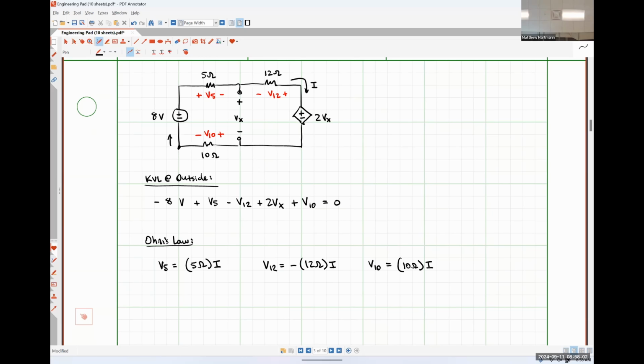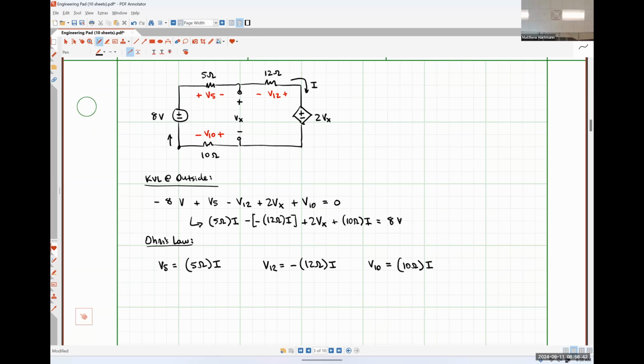And so now we can substitute all those things in, right? So let's do that here below. Okay. So we would have V5, which is just 5 ohms times I, minus V12. So we're going to have minus -12 ohms times I, plus twice Vx, plus V10, which is 10 ohms times I, is equal to 8 volts.